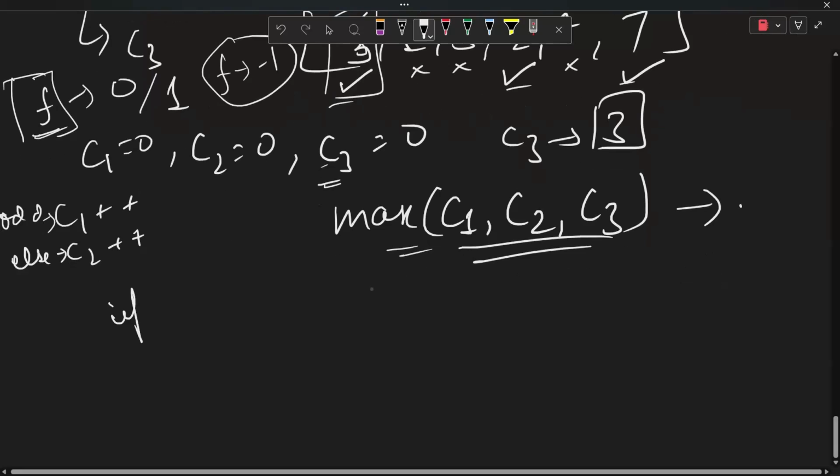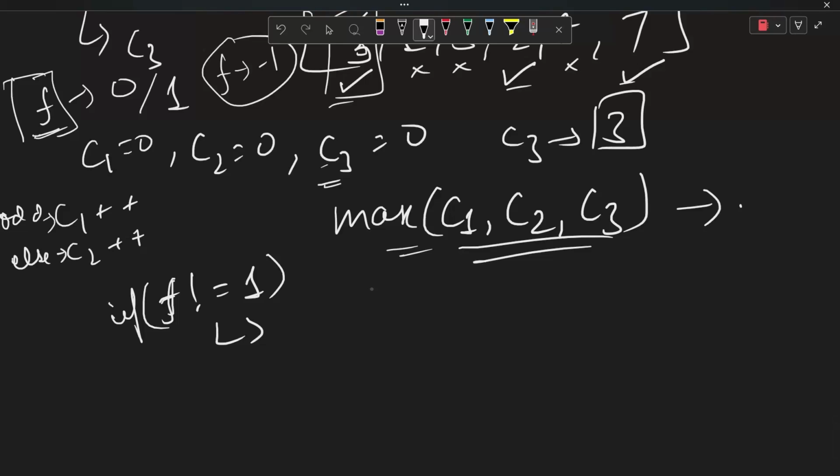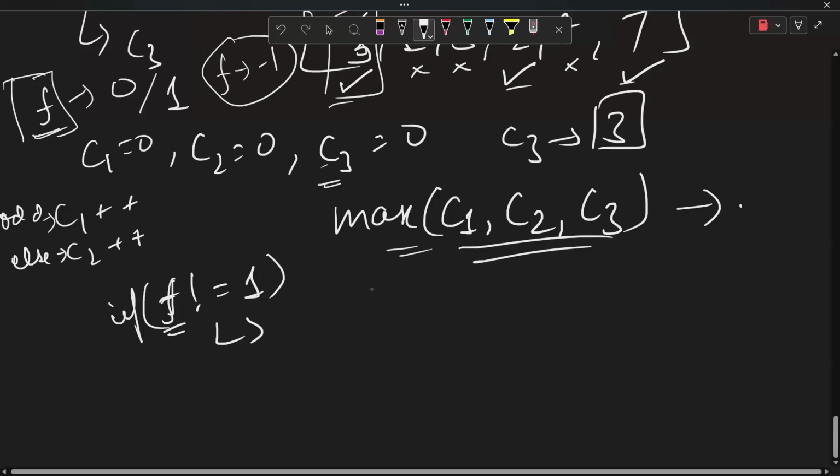So if the current value is odd and the last value is not 1, then you can pick an odd. So in the case of odd, if F is not 1, then you would do C3 plus plus and make F equal to 1, so that now the current last value is 1.